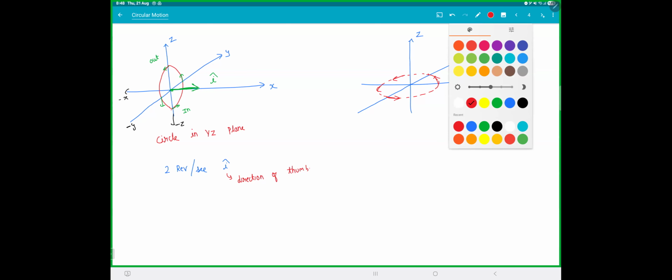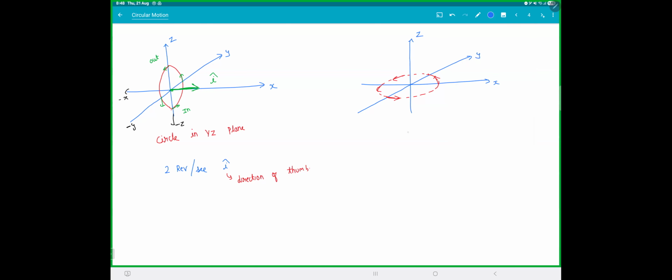The particle is going like this in XY plane. And let's say 3 revolutions per second. And they'll ask you, what is omega here? What is the direction of this?